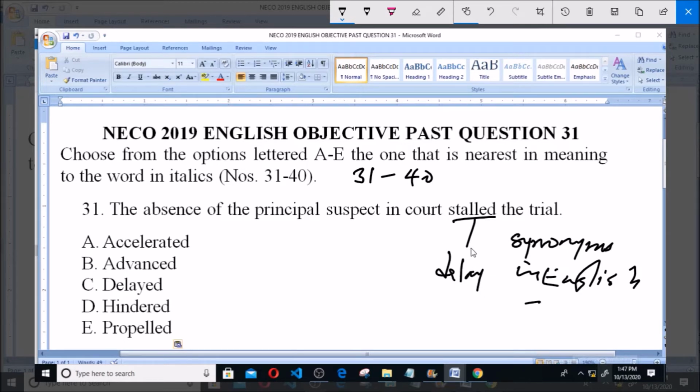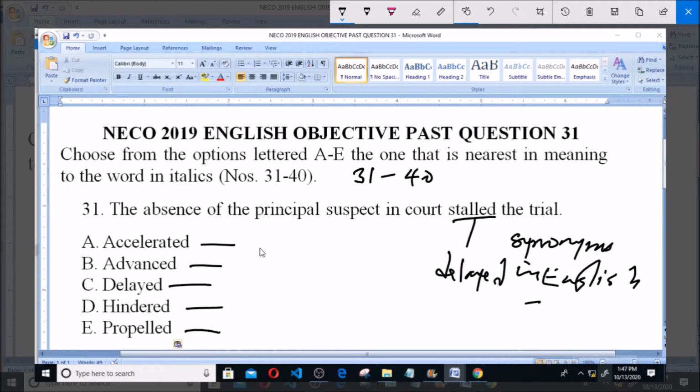Yes, stall is from delayed. So option A says accelerated, B says advanced, C says delayed, D says hindered, E says prepared.